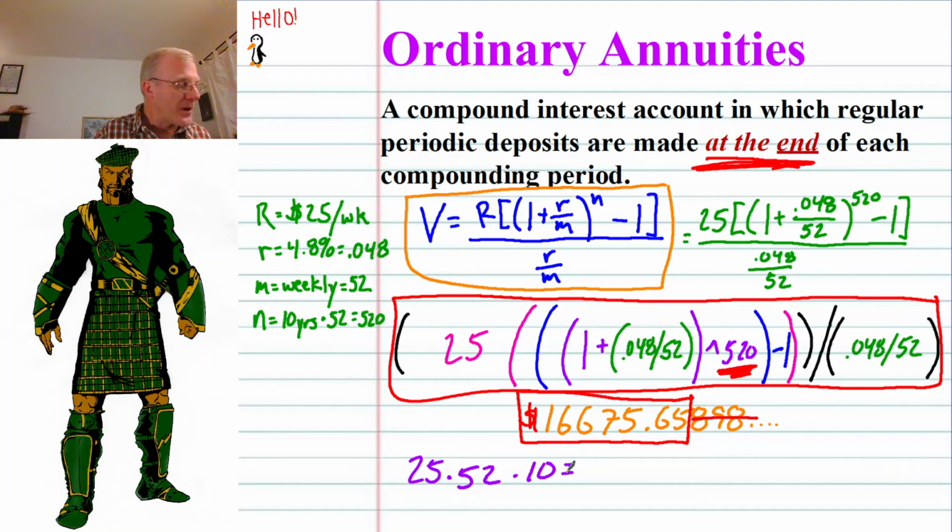And if we multiply that out, we end up realizing that we actually contributed $13,000 to that total. That is our total of deposits. Okay, so we put in $13,000.